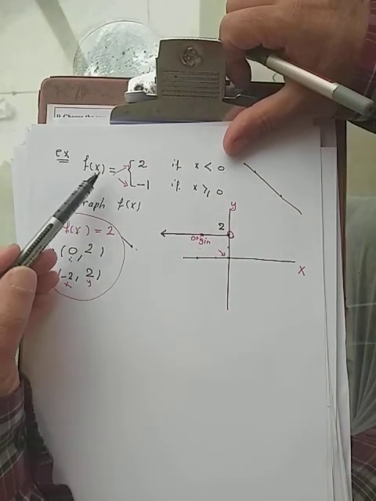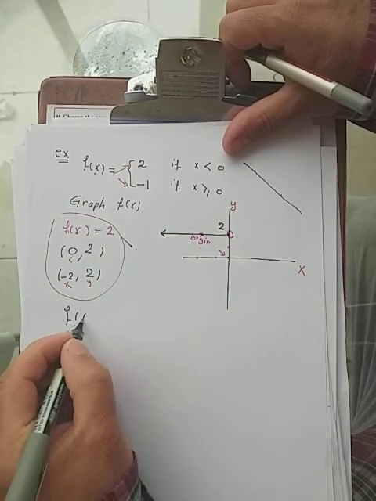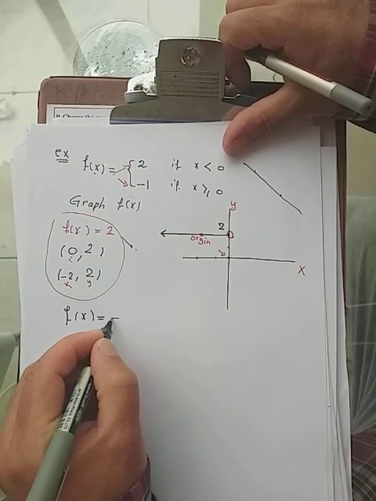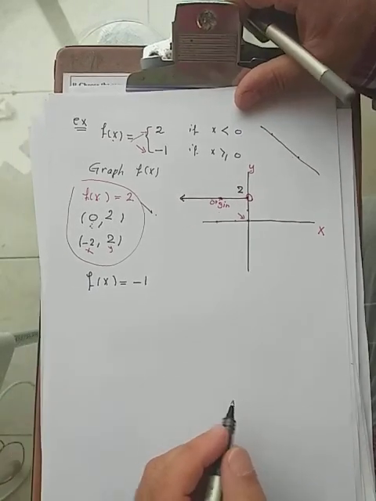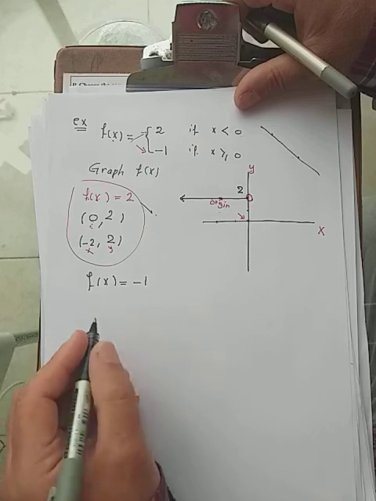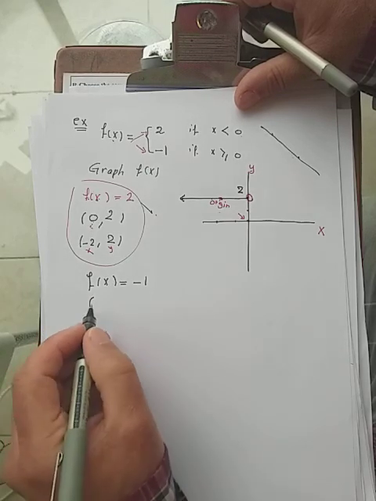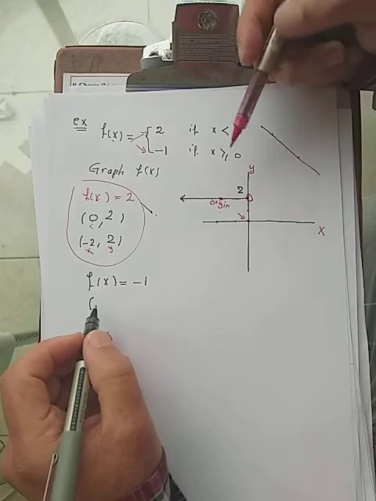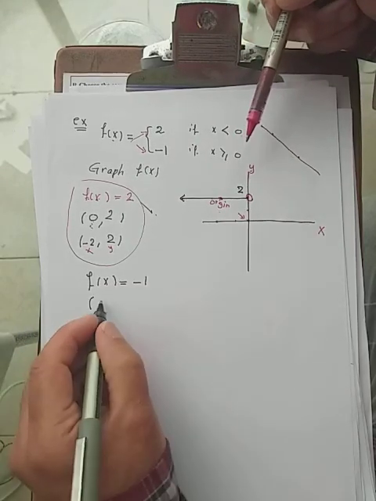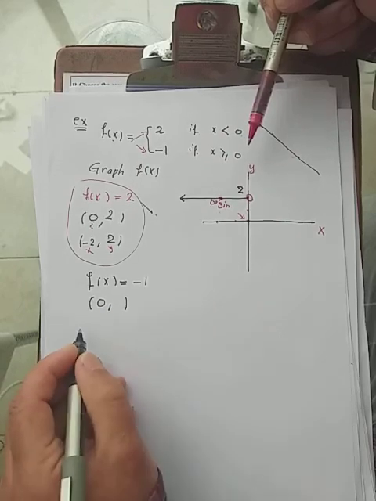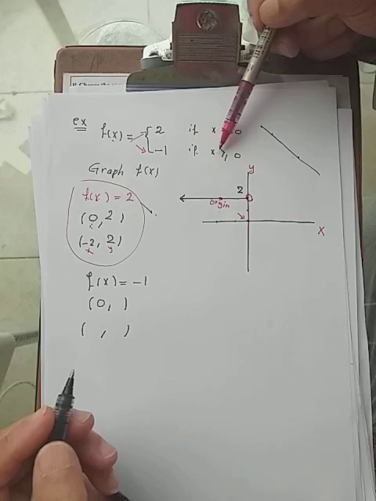Now the second function is this one, f of x equal to minus 1. In the same way, to graph any line, we need at least 2 points. What do we take? We take this point, 0, and another point, x more than 0.